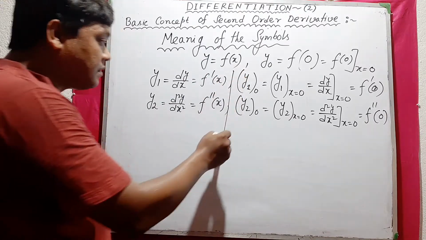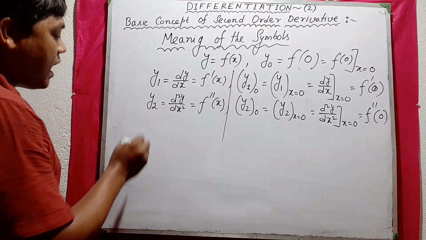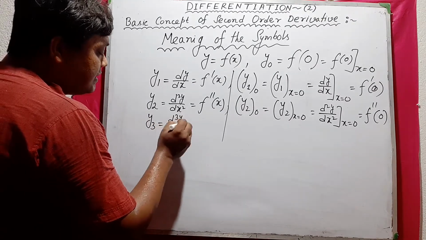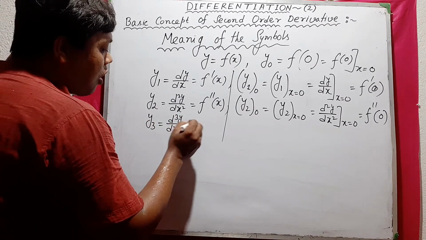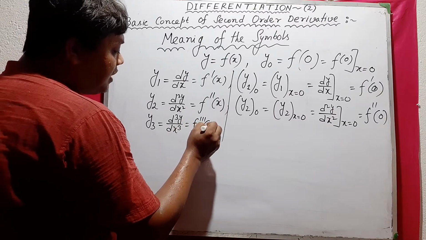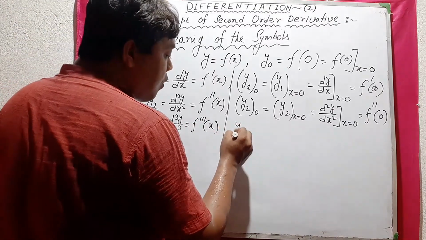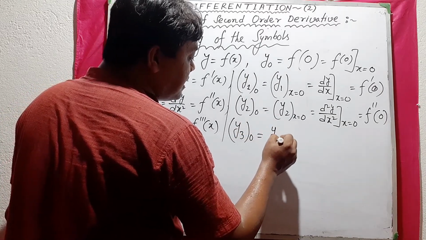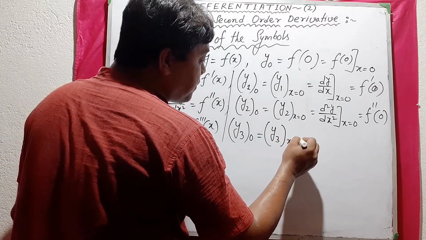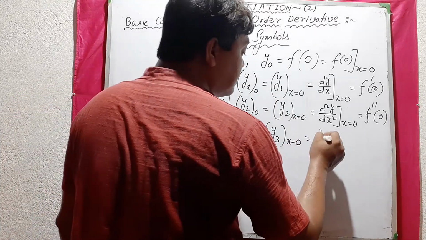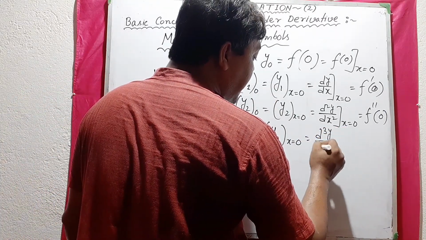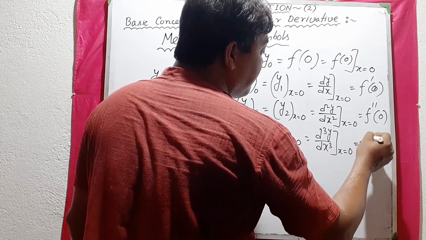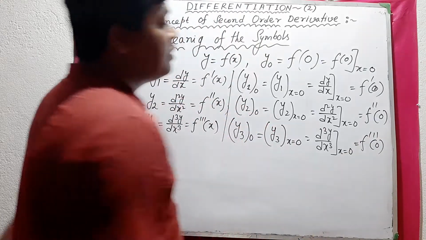All are the same notation, this whole thing. So y3, that is d³y/dx³, or f'''(x). y3(0), because third order derivative at the point x equals 0, its value, or d³y/dx³ at the point x equals 0, or f'''(0), okay?